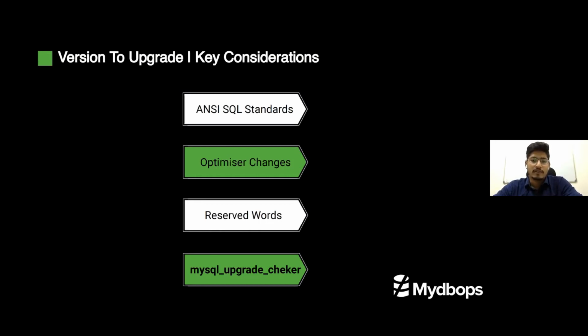To simplify this, MySQL has provided a utility called MySQL Upgrade Checker. If you run that, it will run checks on each of these parameters and report what conflicts your current version of MySQL has, and whether it is ready to migrate to the latest version. You can make incremental changes to your current system and test again until you get a sign off from this utility saying that you are ready to migrate.